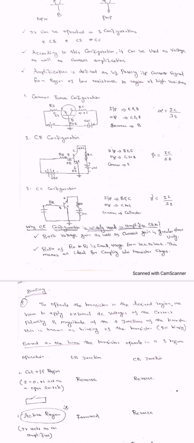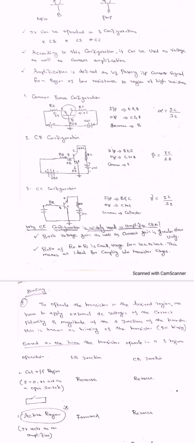Coupling between transistors. So for that coupling, we need the output resistance and input resistance ratio to be small. Then only the coupling becomes very effective. So for this reason, we widely use common emitter configuration. Because common emitter configuration has a small ratio of output resistance to input resistance when compared to common collector and common base.